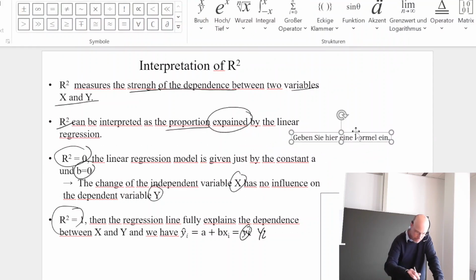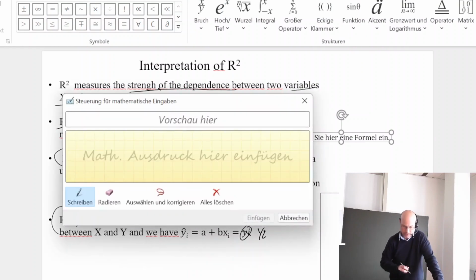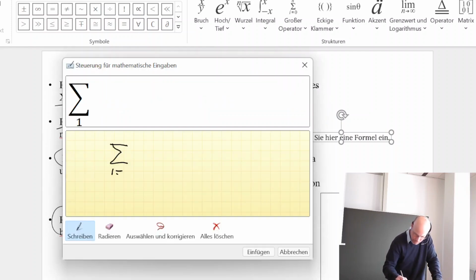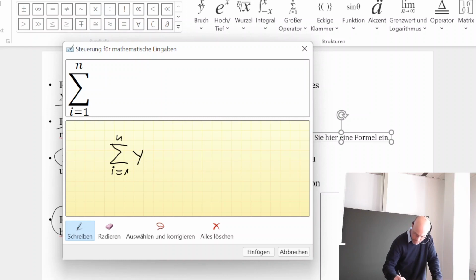This I wanted because here you can also just write your math. So let's take maybe the sum of y_i from i equals 1 up to n, and this I wanted to have.